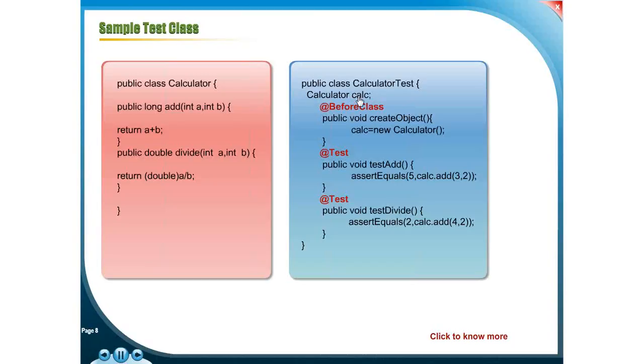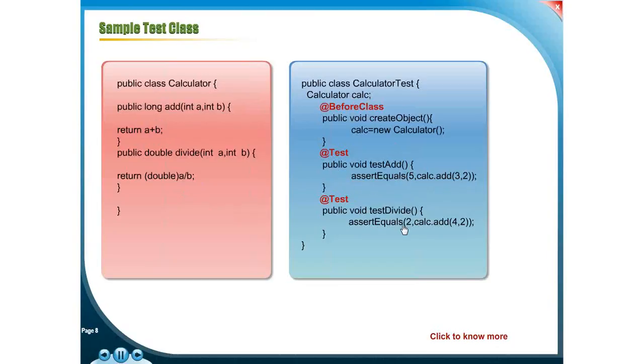On this calculator program, we are invoking the add method with 3, 2. In your piece of code, the add method takes 3, 2 and results in 3 plus 2, which is 5. So I am giving the first argument: when 3 and 2 are passed, the summation of 3 and 2 is 5, I know that. So the result given by the programmer should match with my first argument. Got it? If it does, then this assert equals will return true.